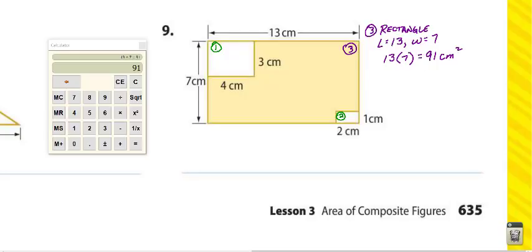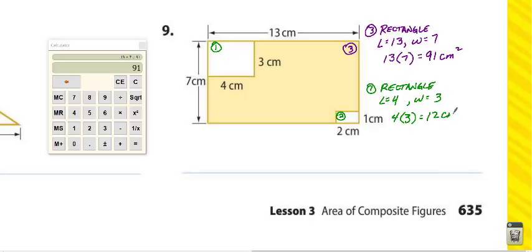If neither of these white sections were taking away from that, that would be my answer. But I do have those white sections. So the first rectangle that I am taking away, I also need to know its length and its width. Well, its length is 4. Its width is 3. So I've got 4 times 3.